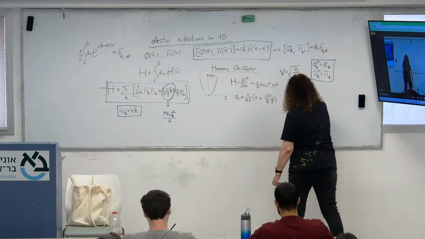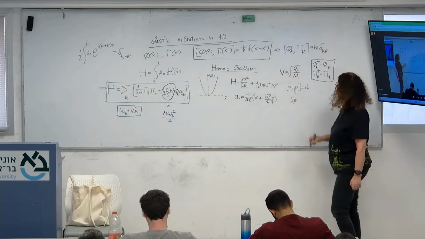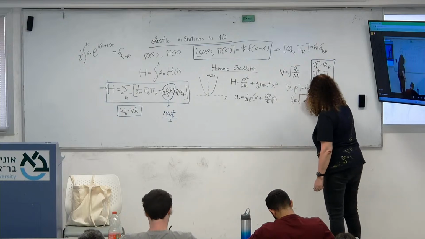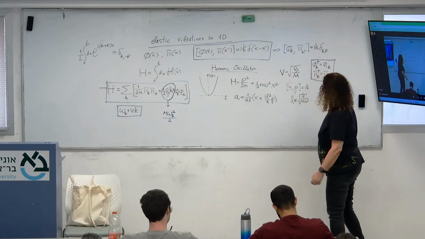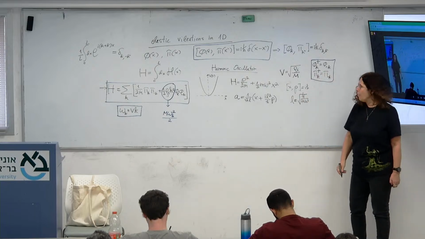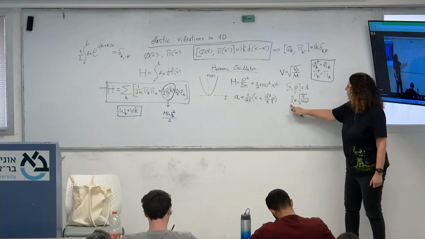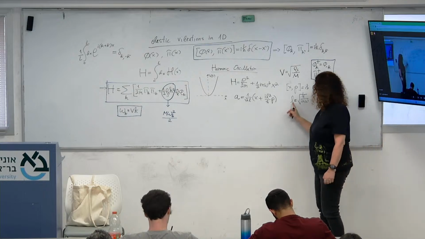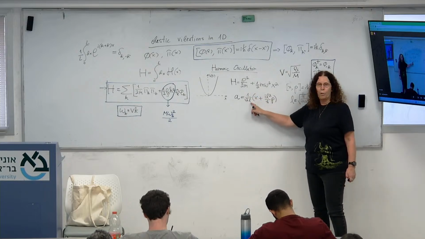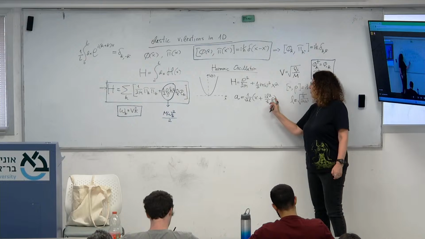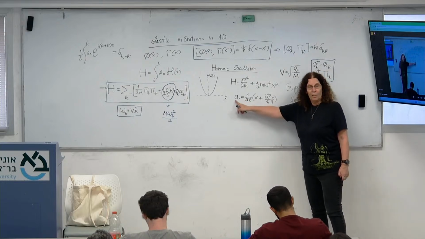Okay, so L is a length scale given by some combination of the parameters, which has units of length. And that's why I'm writing it like this, because you can see just from the first term and also from the second what the units of A are.